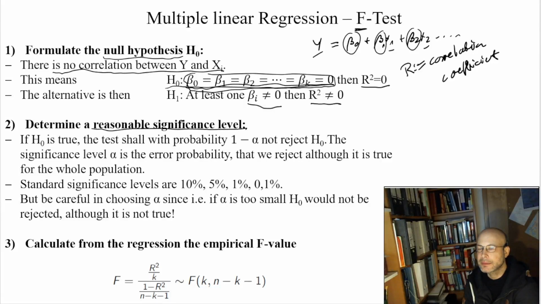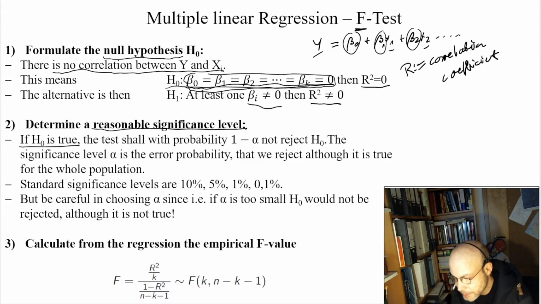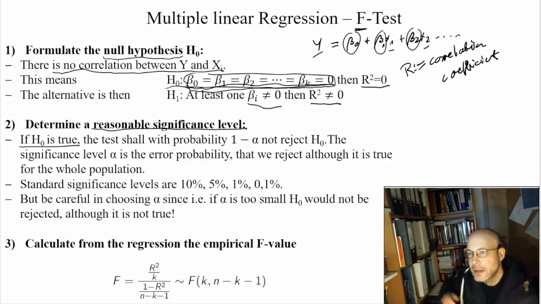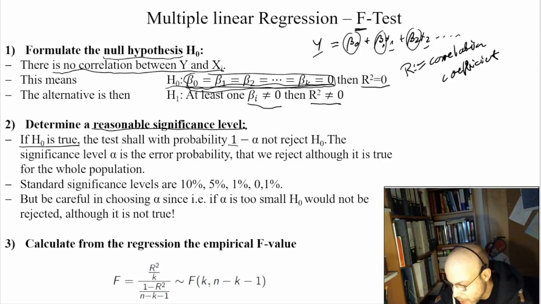And we want now to test, is our null hypothesis true with a probability of 1 minus alpha, and alpha is our significance level.